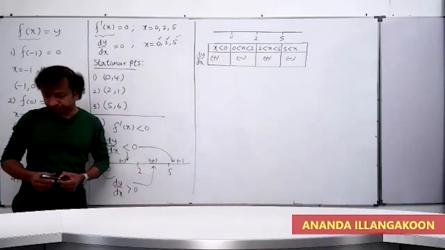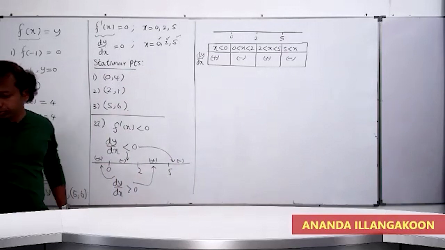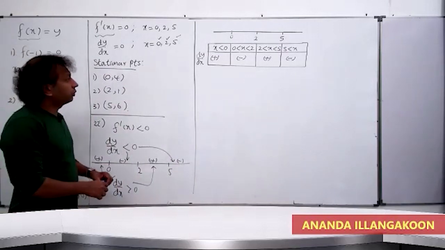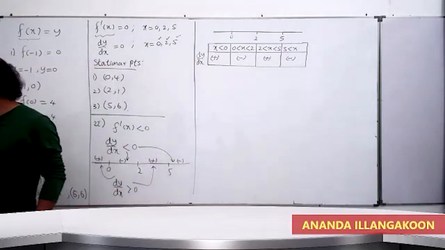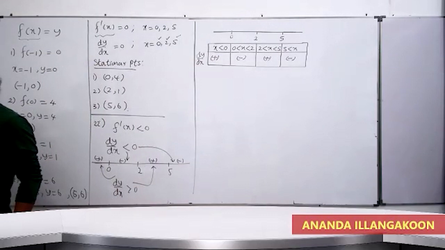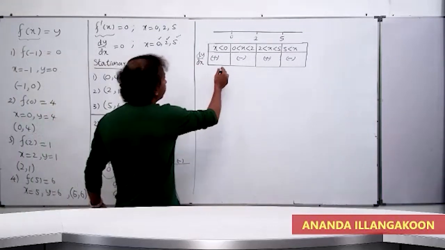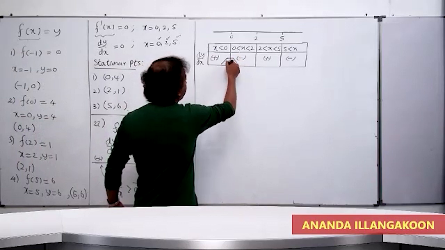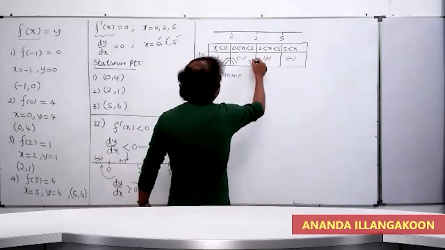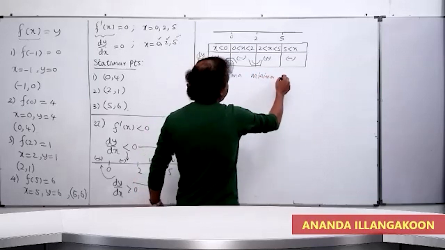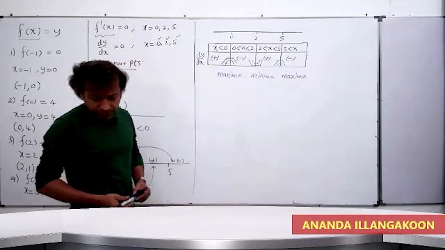So here, positive, 0, negative: maxima. Negative, 0, positive: minima. Positive, 0, negative: maxima.